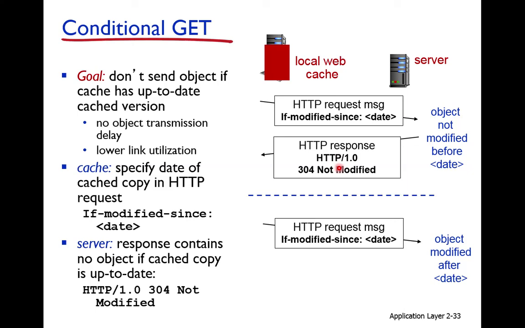So this is its advantage. If it is modified, then the object is sent, 30 GB is sent. If the object is not modified, then it will not be sent. So the bandwidth is saved and the delay will be less, only the response is sent. Because if you retrieve the 30 GB, it will take 3 hours. So this is the use of conditional GET.